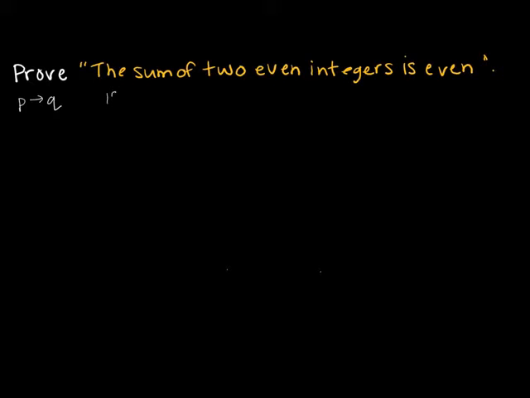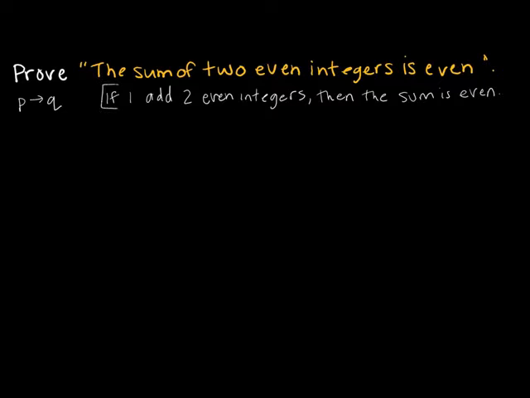So if I add two even integers, then the sum is even. Something to that effect is how I could write this as an if-then statement, which means that I've got two even integers, which is p, and I'm adding them together and getting a sum that's even is q.